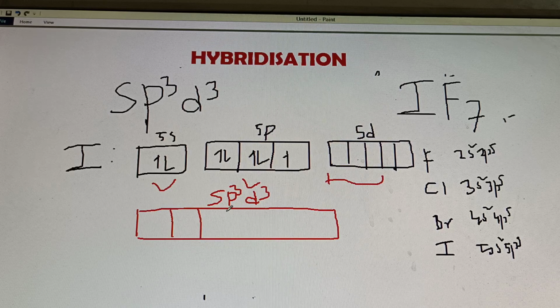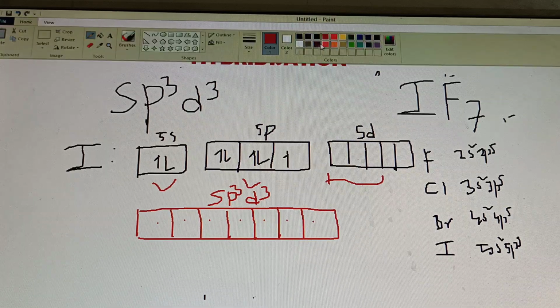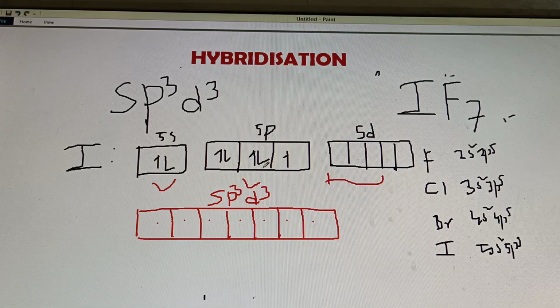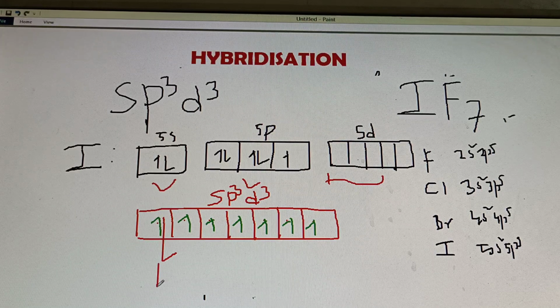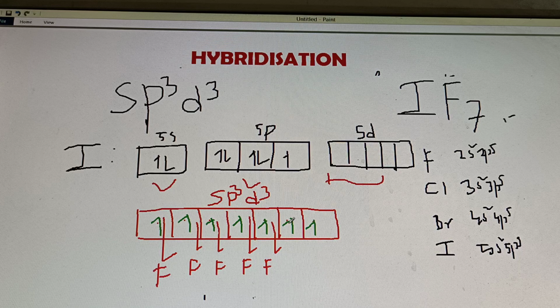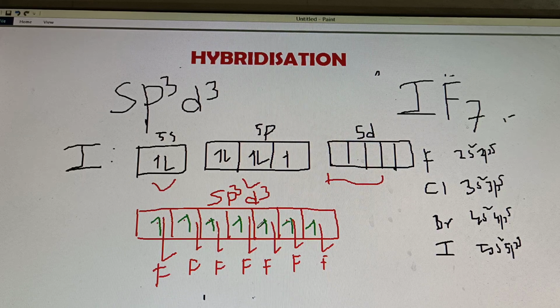So how many electrons before hybridization? 2 plus 2 plus 2 plus 1, that is 7. They will be paired with fluorine. Clear?